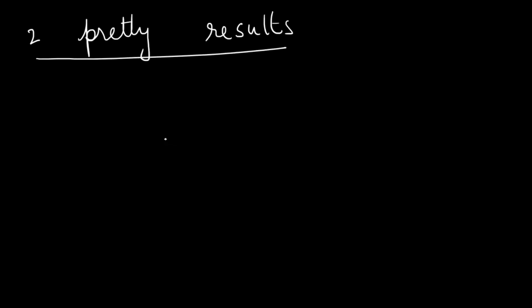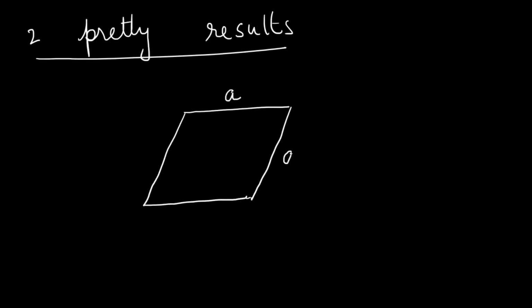Two very pretty results, by which I mean, there are many, but these two are used a lot in elementary geometry. So I pick up a parallelogram, a specific parallelogram whose four sides are equal, and such a parallelogram is called a rhombus.